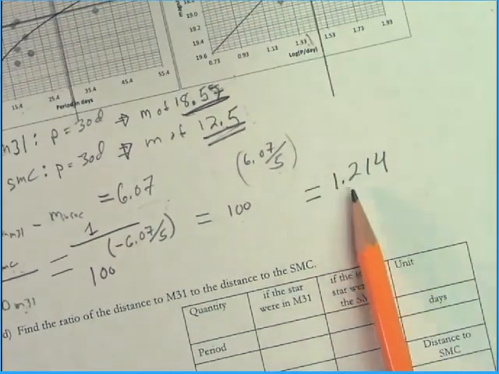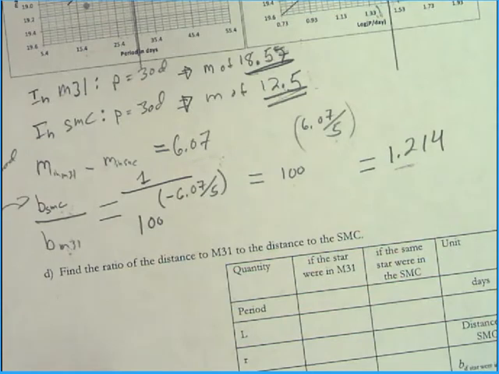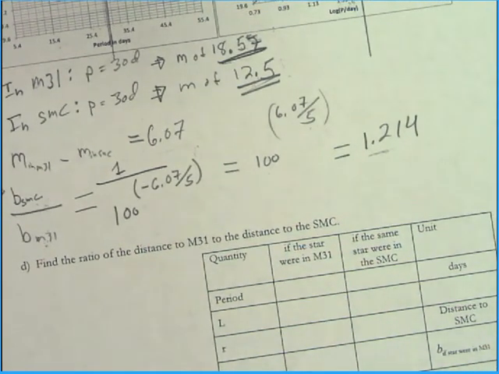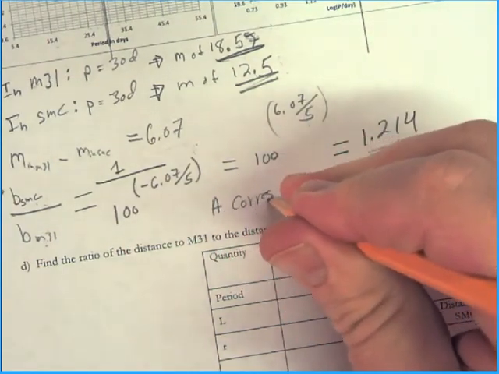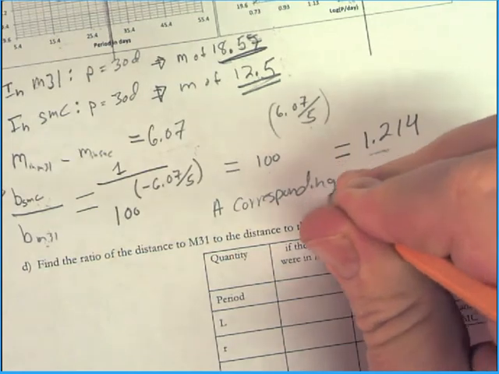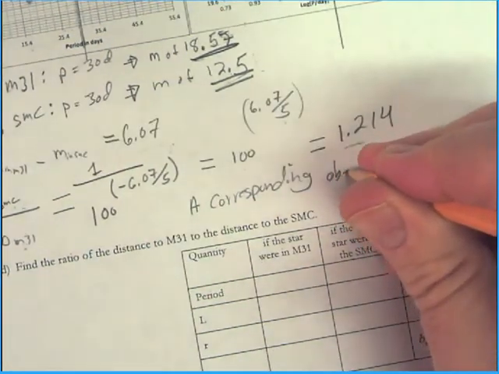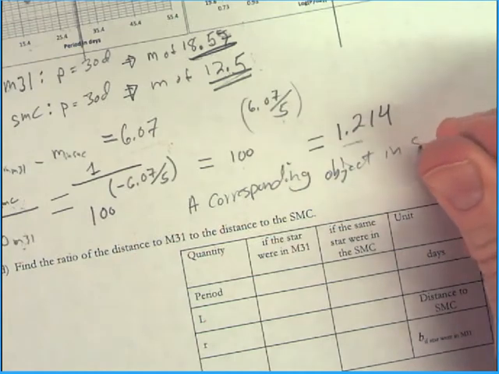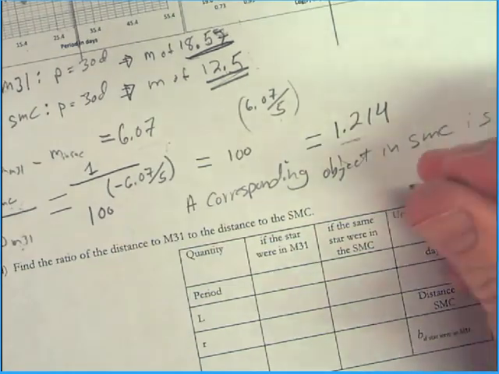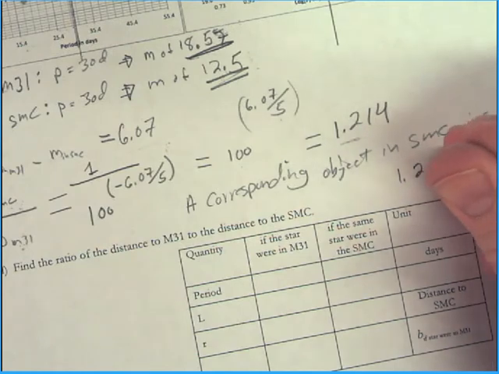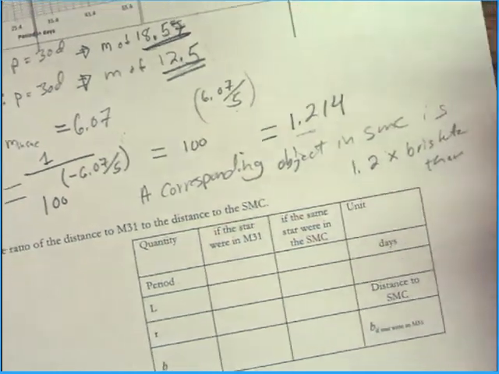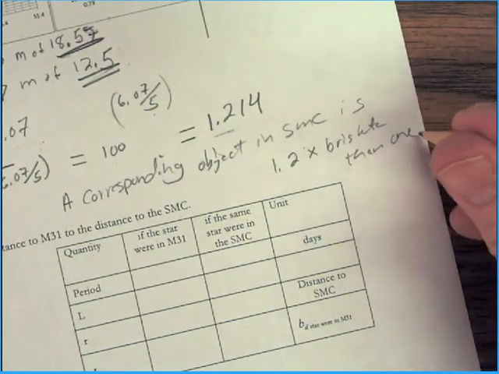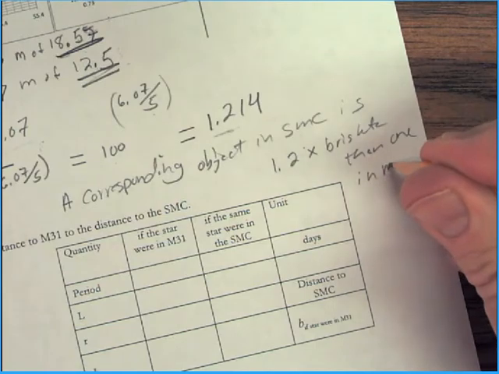Now remember, only about 1 or 2 of these digits is significant. So we can now say that a corresponding object in SMC is 1.2 times brighter than 1 in M31.